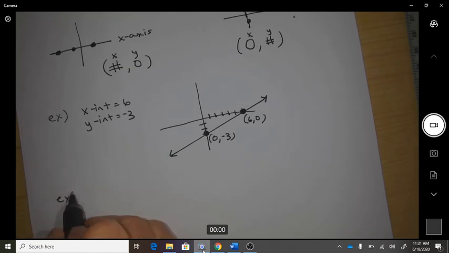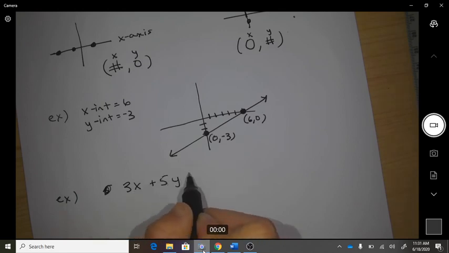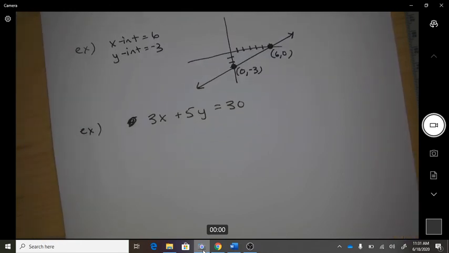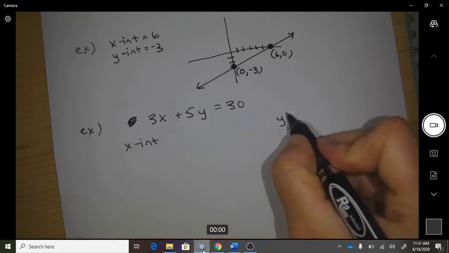Okay, so here is an equation: 3x plus 5y equals 30. I'm going to figure out what the intercepts are, and then I'm going to graph it. So x-intercept, y-intercept.